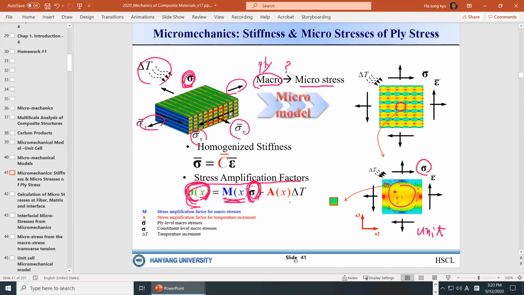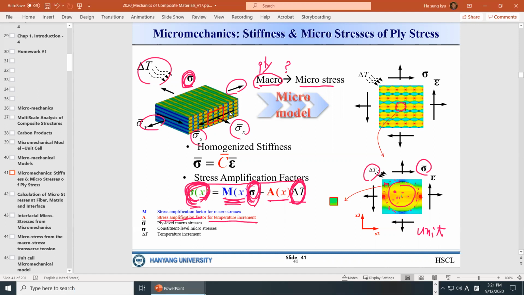And also there can be some delta T, which is applied at the macro level. When we have a delta T, there will be some stresses caused inside depending on the position. So A of x is also called the stress amplification factor for the temperature increase.